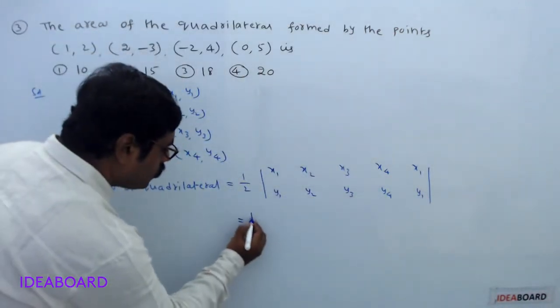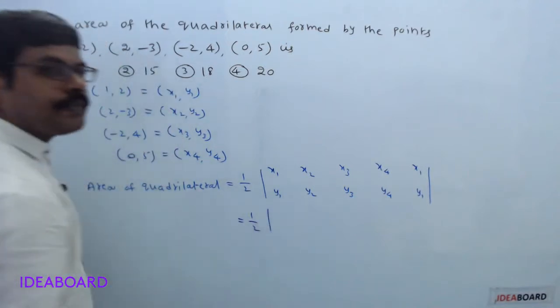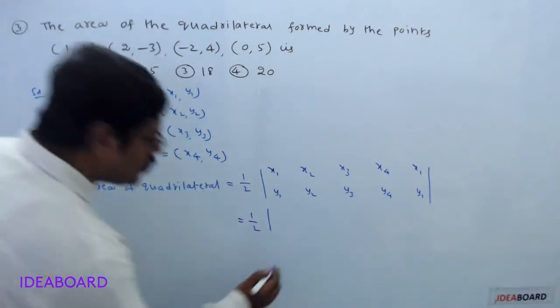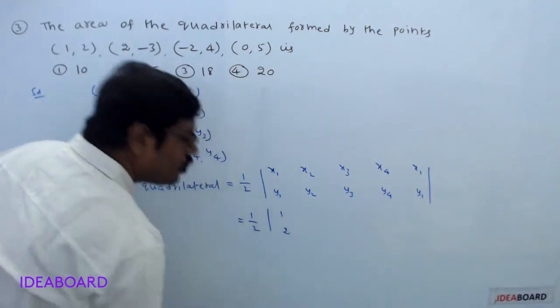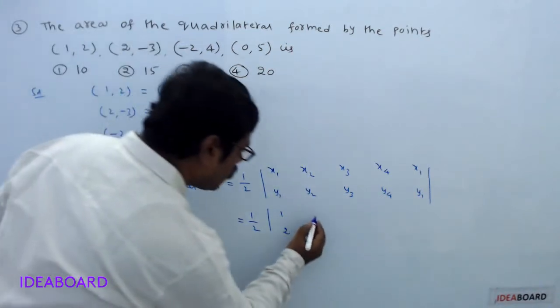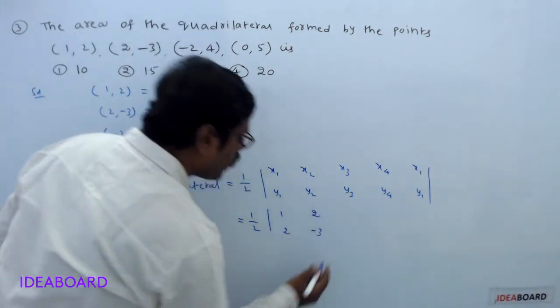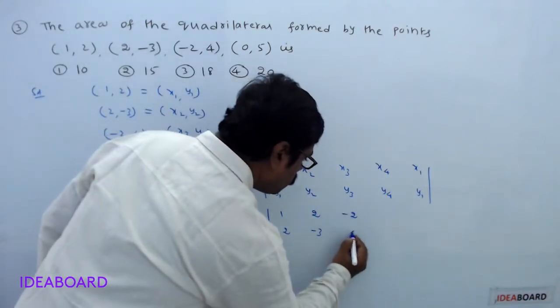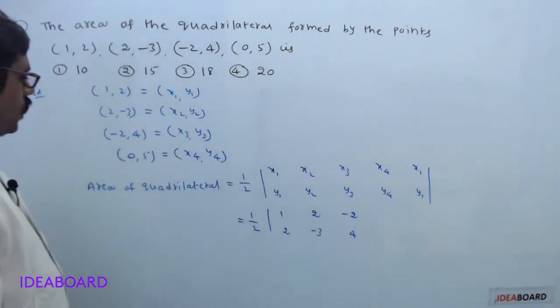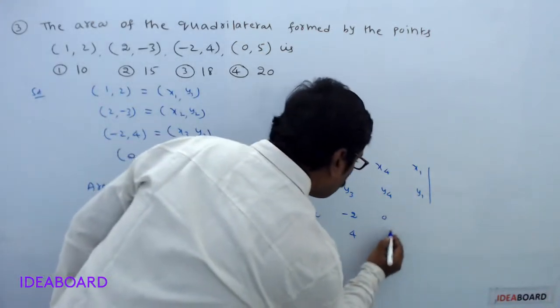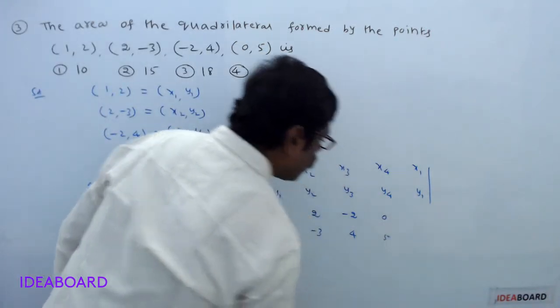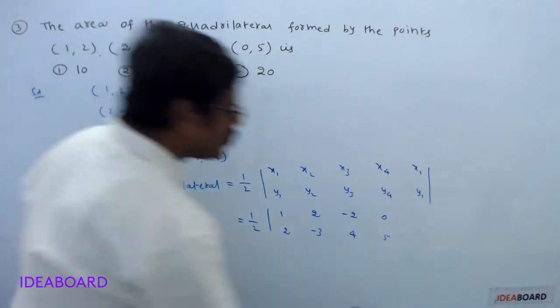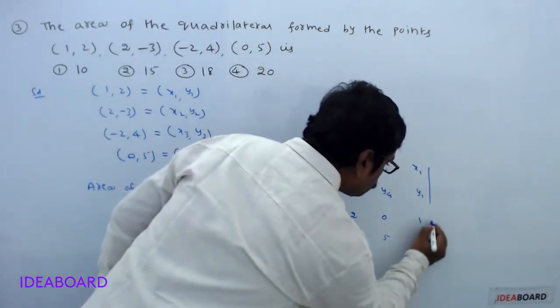Now this equals half modulus of, substitute the corresponding values. First point 1, 2, second point 2, minus 3, third point minus 2, 4, then 0, 5. Then again write down the first point coordinates 1, 2.